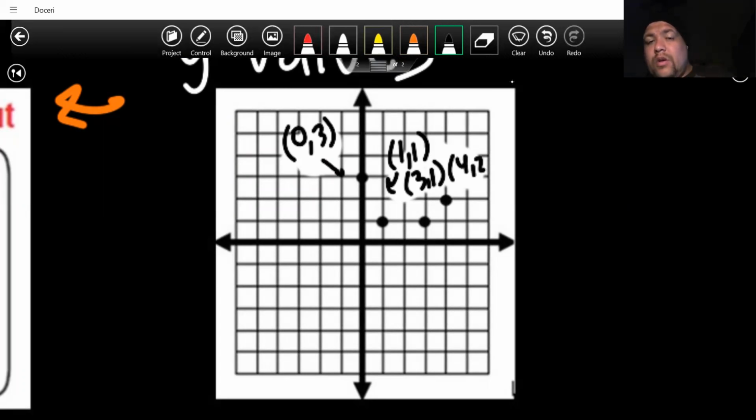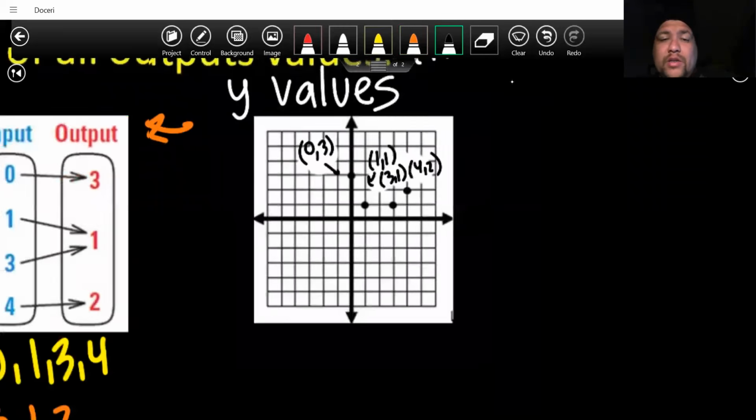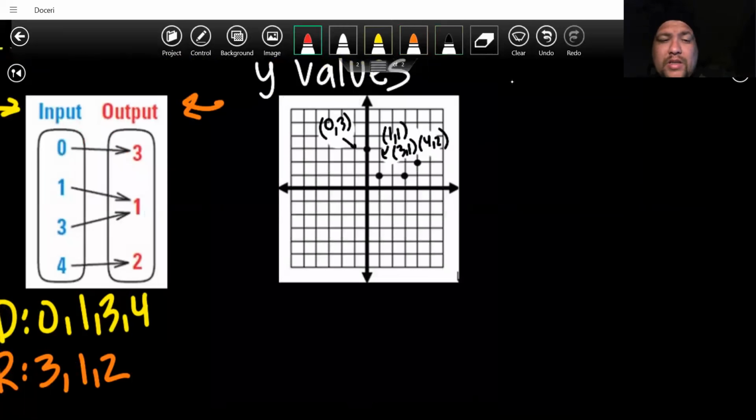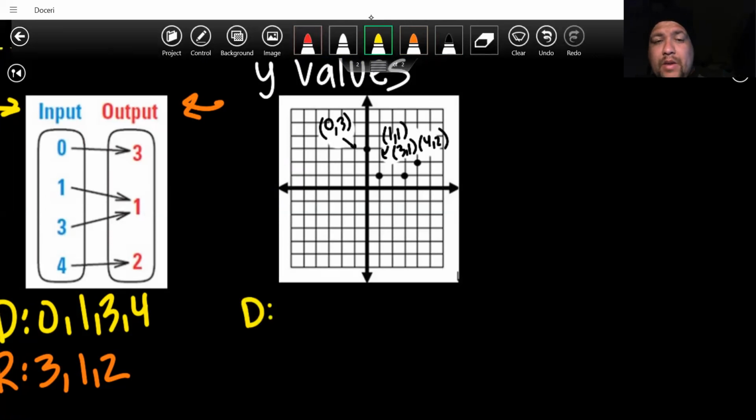And all you want to be able to do is list your points. In this case, our domain again is represented by our D. My inputs are 0, 1, 3, and 4. Our range for our values becomes 3, 1, 1, 2.